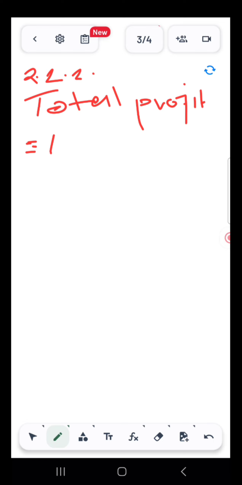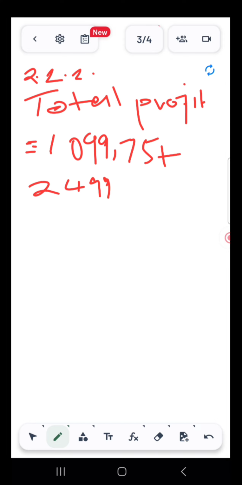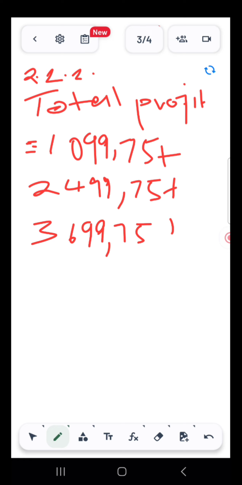The profit for phone number 1 is 1,099.75 plus profit for the second phone is 2,499.75 plus the profit for the third phone is 3,699.75 plus the profit for the last phone is 7,249.75.